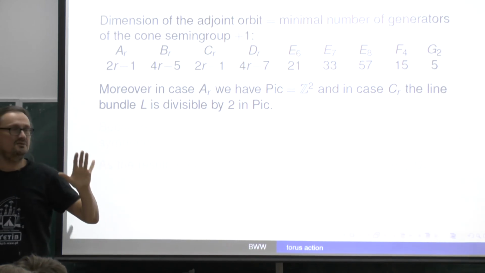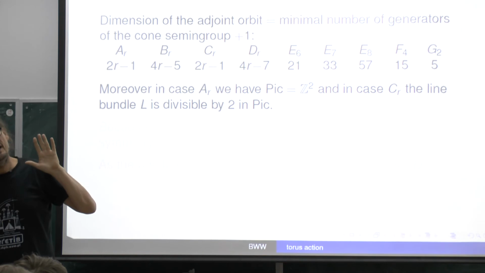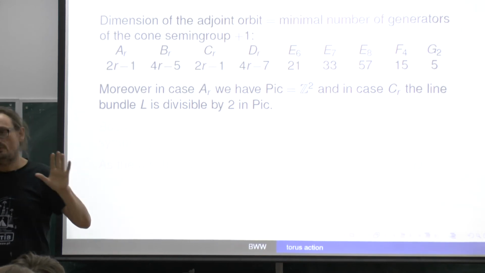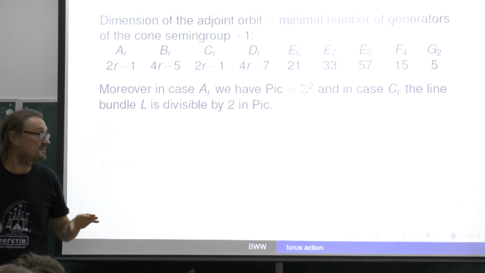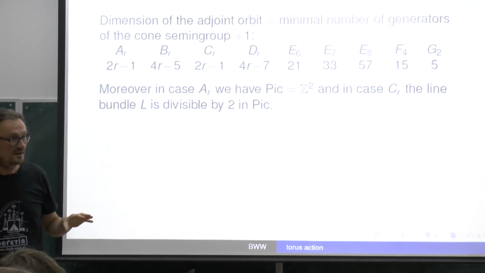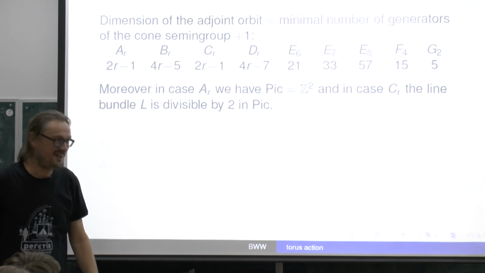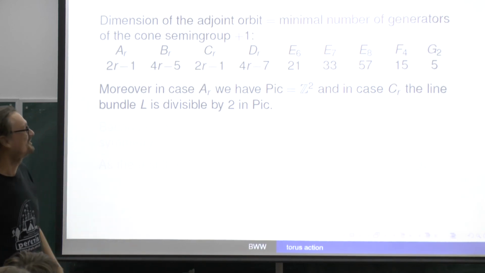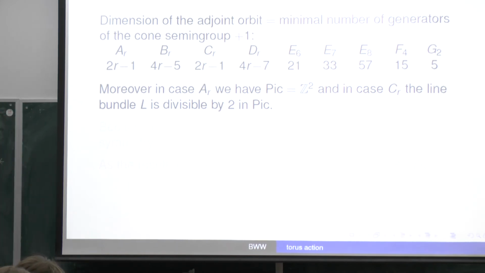They are unlaced, so these are the Dynkin diagrams without multiple edges, right? You mean simply laced? Oh, I'm sorry. Sorry, simply laced. Yes. Okay, so in the simply laced case, you don't have short roots.